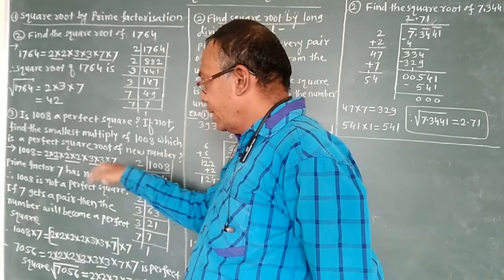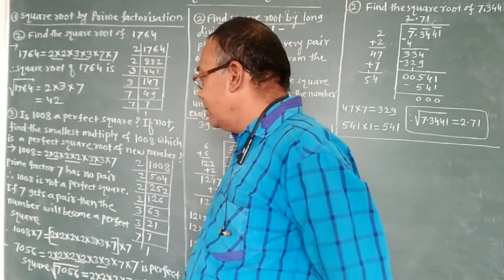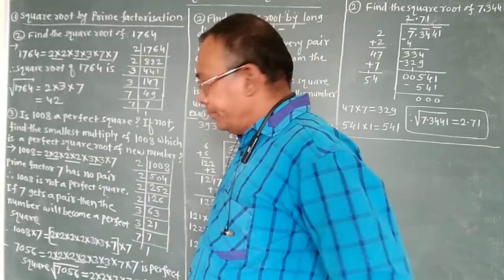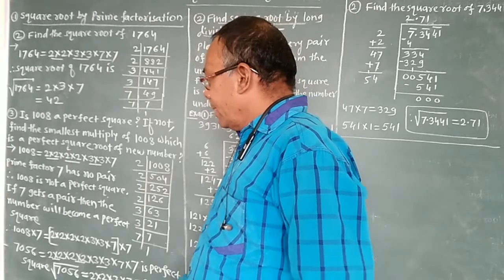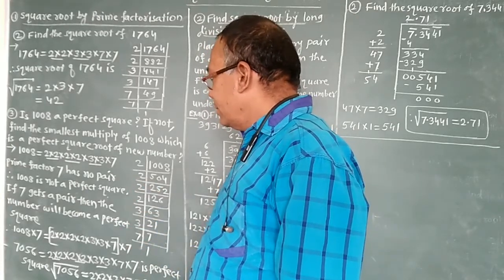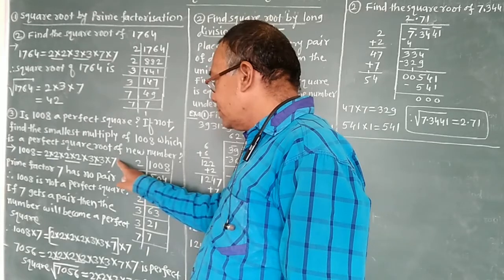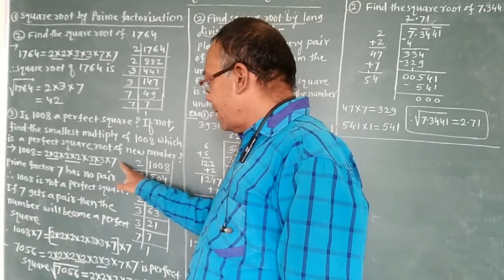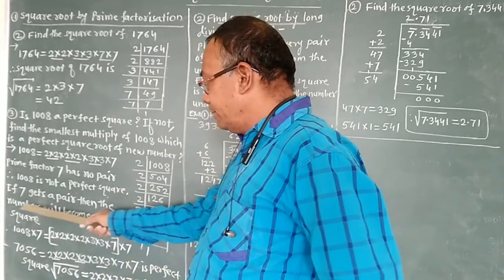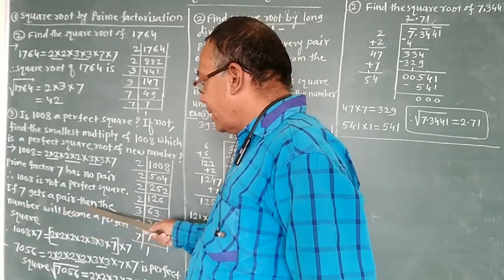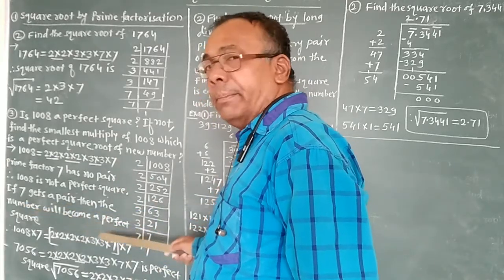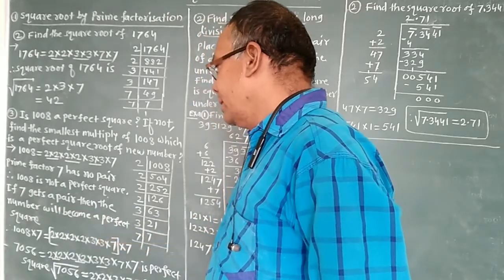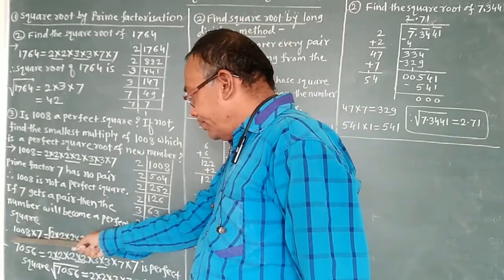So if we have to get a perfect square, we must multiply by 7 here. That is, if 7 gets a pair, then the number will become a perfect square.